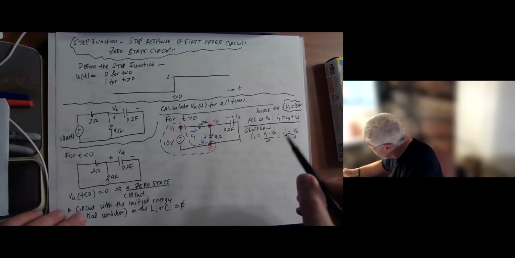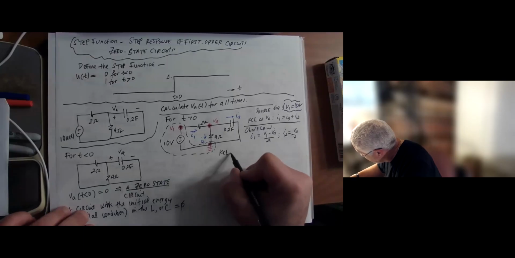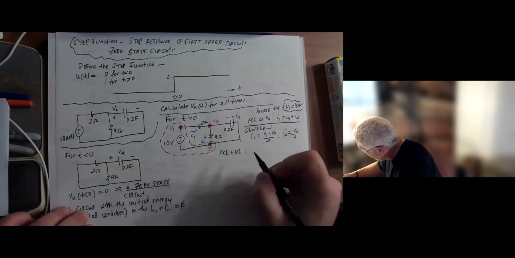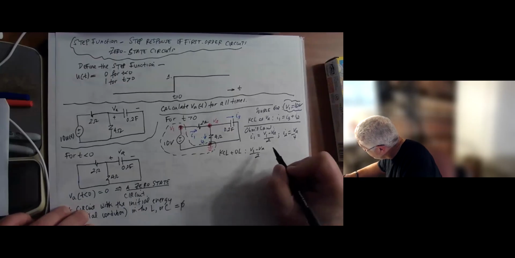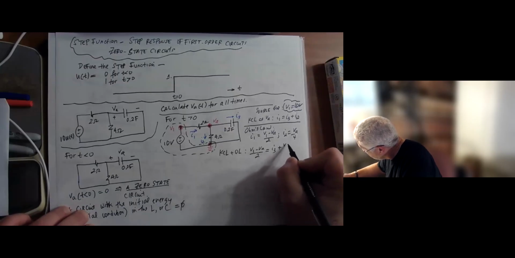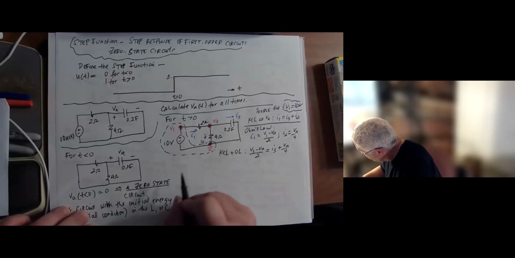And at which point I bring the Ohm's law into the KCL equation. So KCL plus Ohm's law. What do we have? I1, V1 minus VA over 2, equal I3 plus VA over 4. I can multiply the whole thing by 4. So what do we have?